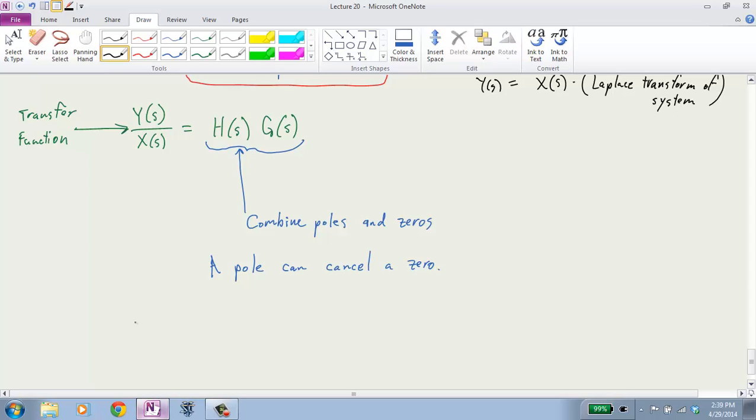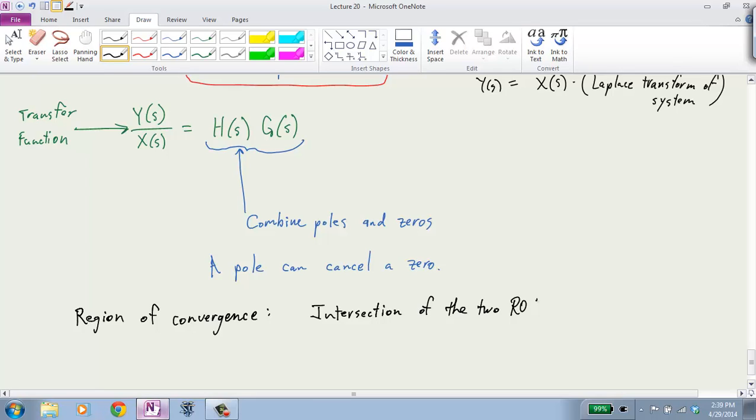All right, so the region of convergence for this new system is going to be the intersection of the two ROCs.